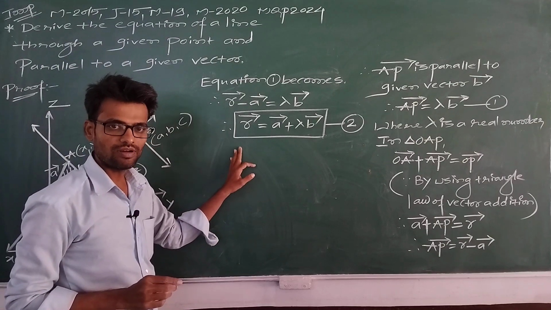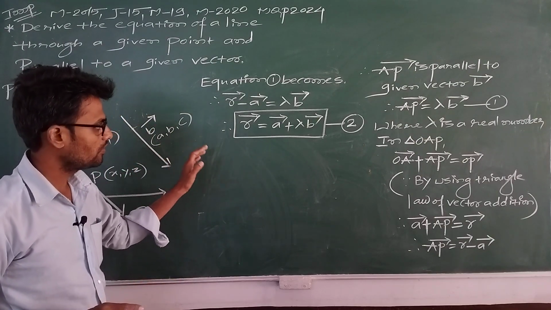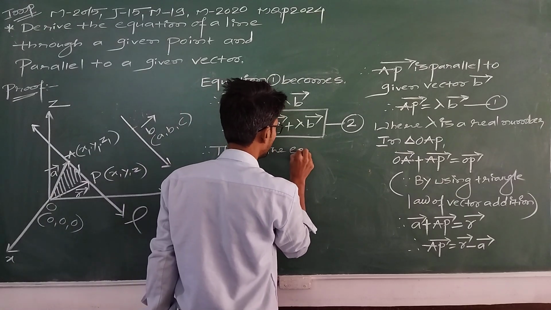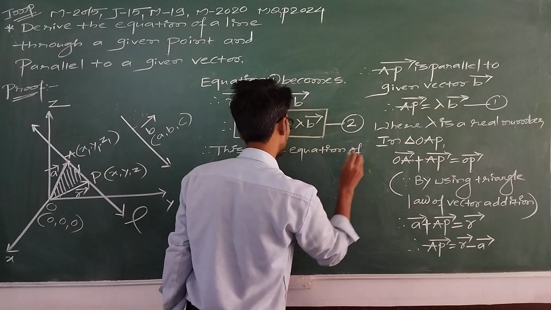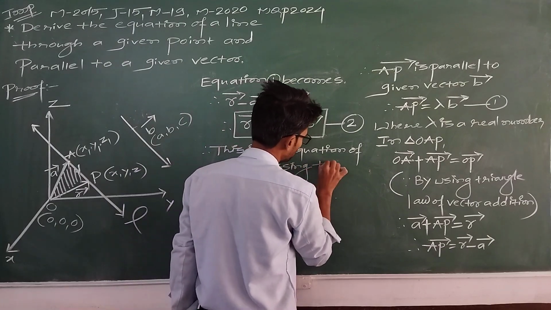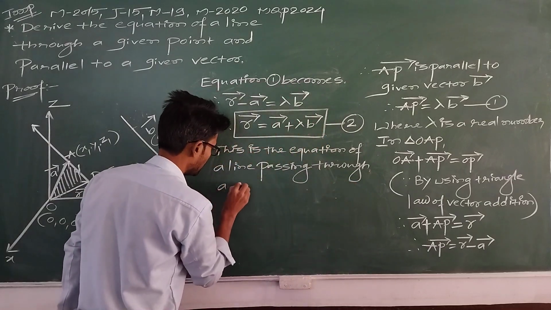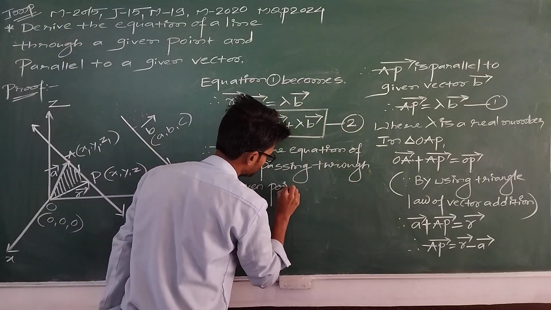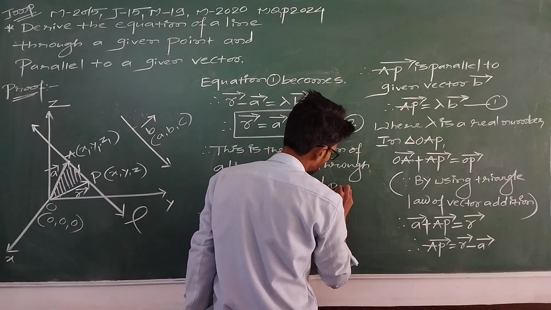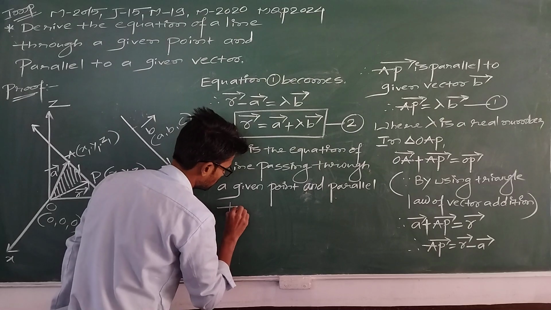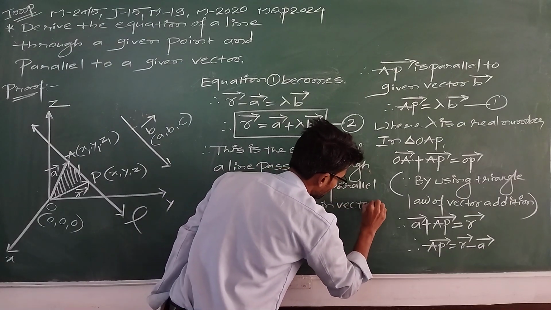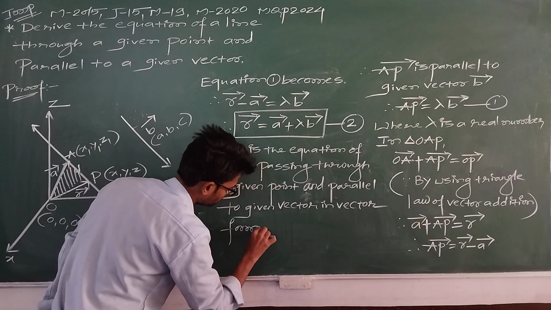This is the equation of a line passing through a given point and parallel to a given vector, in vector form, right?